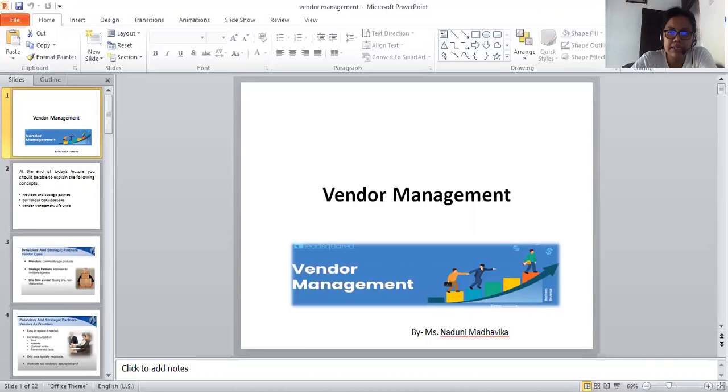Under key vendor considerations, we are going to discuss technical considerations, operational considerations, financial considerations, contractual considerations, measurable considerations, transitional considerations, correctable considerations, and these are the things that we are going to discuss in the key considerations when it comes to vendors.